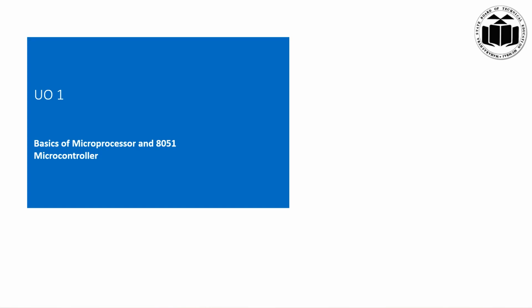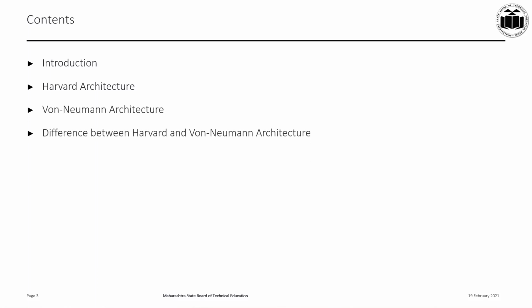Today in Unit 1, Basics of Microprocessor and 8051 Microcontroller, we will be discussing the two types of computer architectures. The contents covered in this session are the introduction to the types of architectures, the two architectures, the Harvard architecture and the Von-Neumann architecture, and the difference between the Harvard and the Von-Neumann architecture.